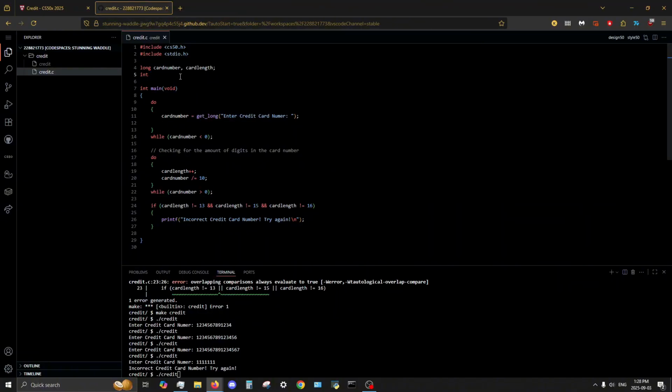So we need an integer to add. No. It will be the multiplied number, and then the non-multiplied number.